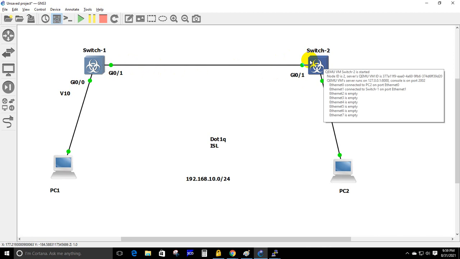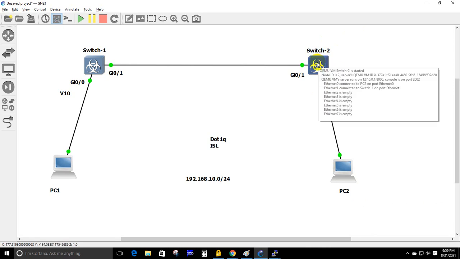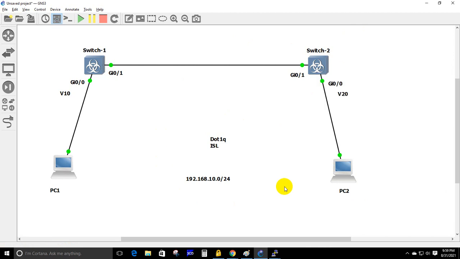Switch 2 receives a tagged frame which says this frame belongs to VLAN 10 and is destined for PC2, which is on the G0/0 port of switch 2. The G0/0 port is a member of VLAN 20. So switch 2 discards that frame. Clear? Yes, sir.